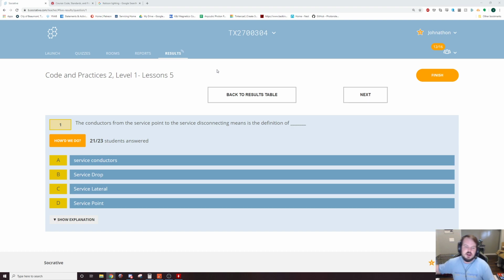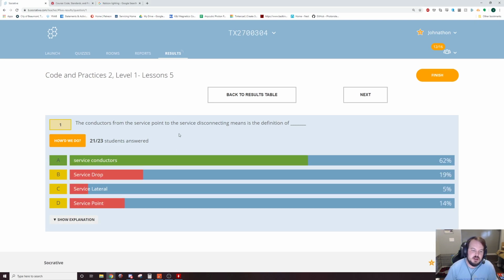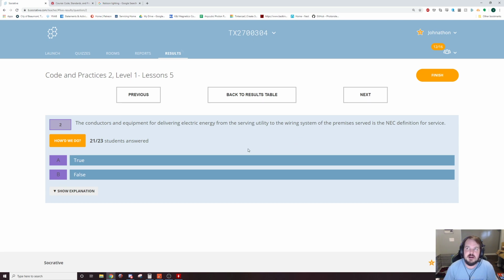So, the conductors from the service point to the service disconnecting means. This is the definition. It is Article 100. Service conductors. You just need to look up the answer choices. Conductors and equipment for delivering electric energy from the serving utility to the wiring system of the premises served is the NEC definition for service.